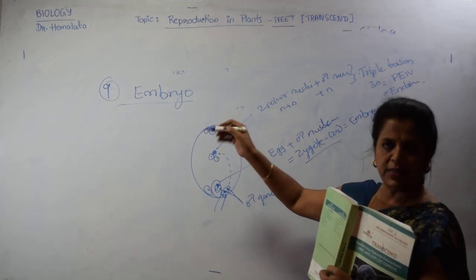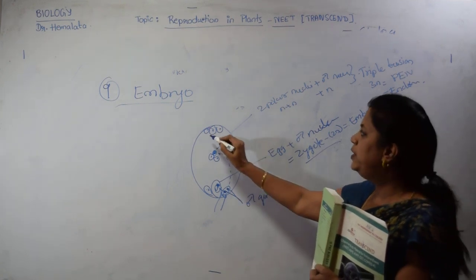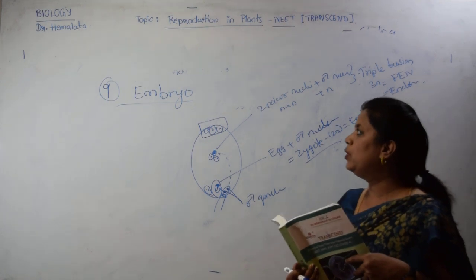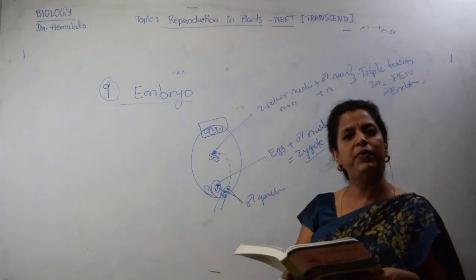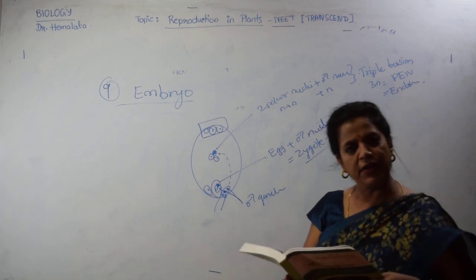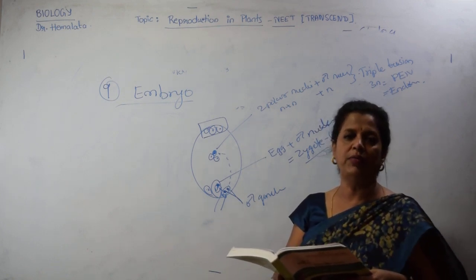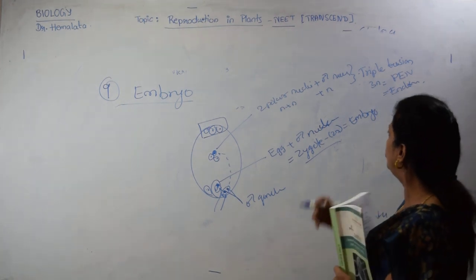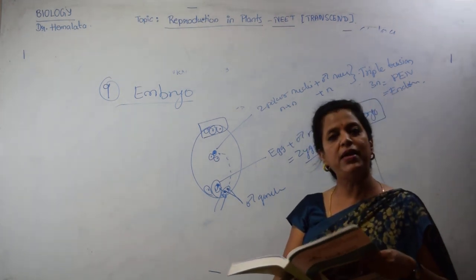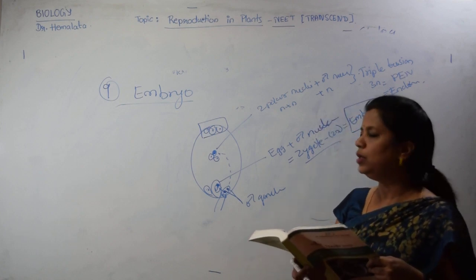Antipodals are not fertilizing anywhere, they are not fusing anywhere. They are going to disintegrate in future. Therefore, among all the four options, option B is right, which says that the egg fertilized with the male gamete will form the zygote into the embryo, which is already given. Therefore, option B is right for question number 9.